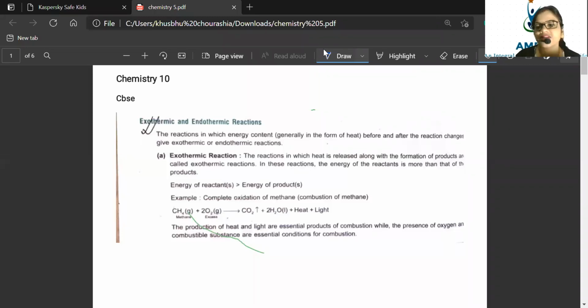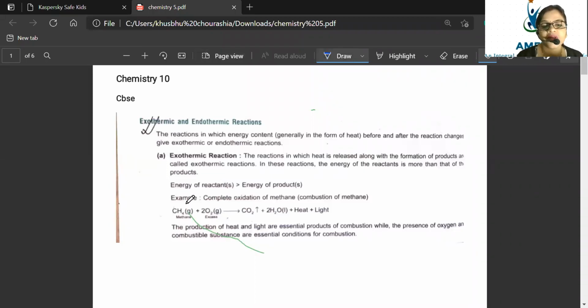But in some reactions, heat is not indicated at all, like respiration. They never say whether respiration is exothermic or endothermic. Photosynthesis, again, they do not say. So let me teach you how you will catch whether it is endothermic or exothermic.